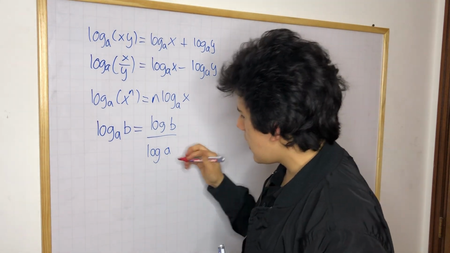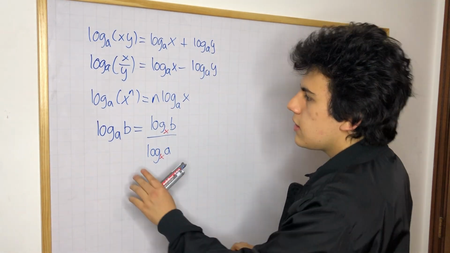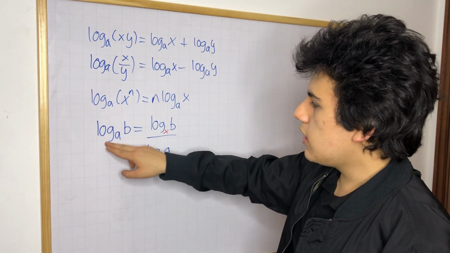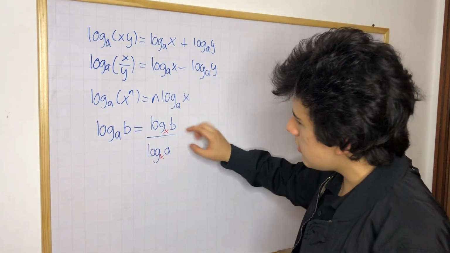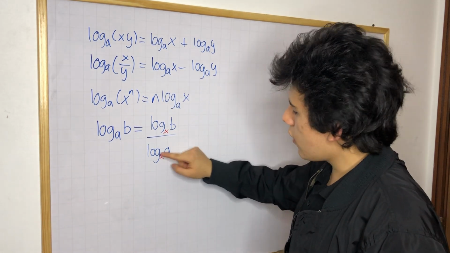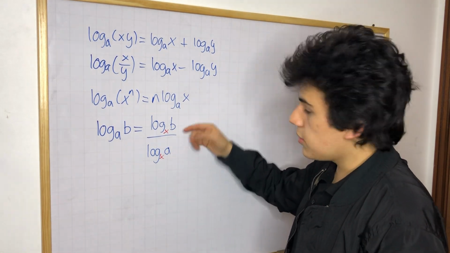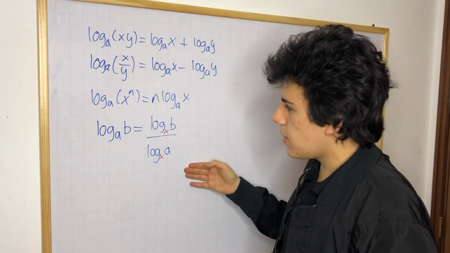For now, I'm just going to say that this is x, okay? So you know that you can put any number. But basically, any logarithm that you have in this form, log base a of b, you can change its base by going log b and the base that you want over log a, and the base has to be the same one as in the top, of course, right? But this is how you can change the base of anything.